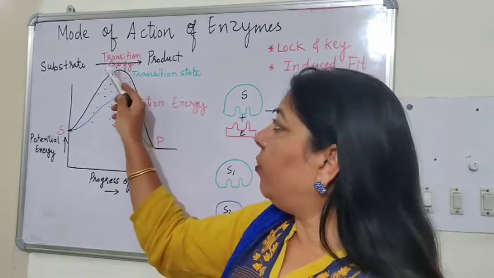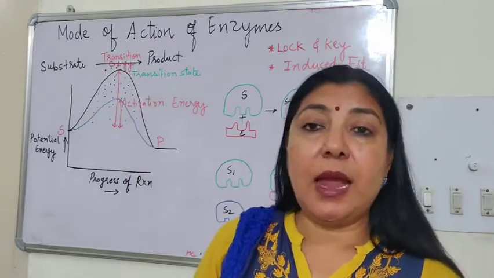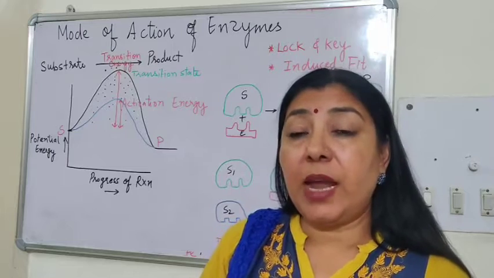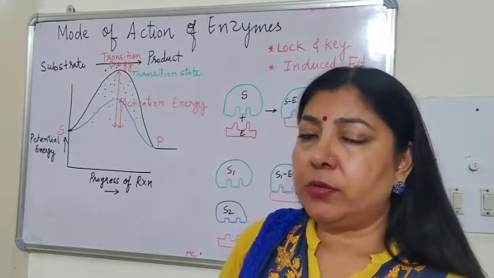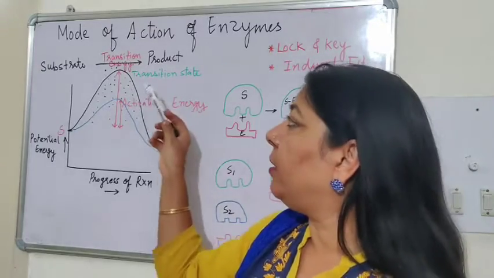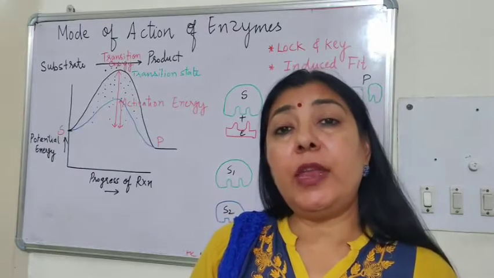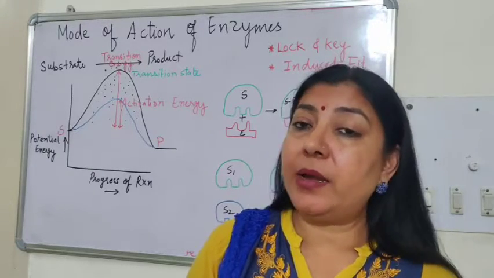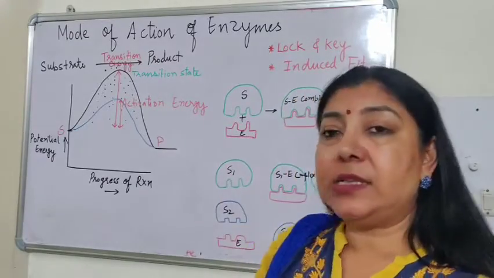So very few molecules, only 3 molecules, can participate in that reaction, because that much free energy is not available for all the molecules. Very few molecules have that energy. So the rate of reaction is very slow because very few molecules are participating. But what is the enzyme doing?